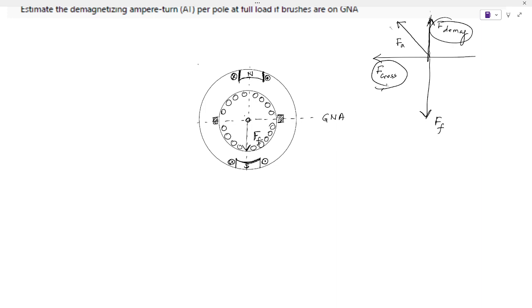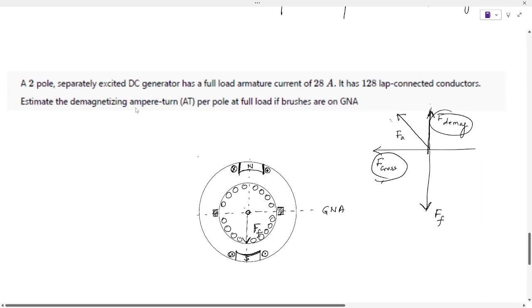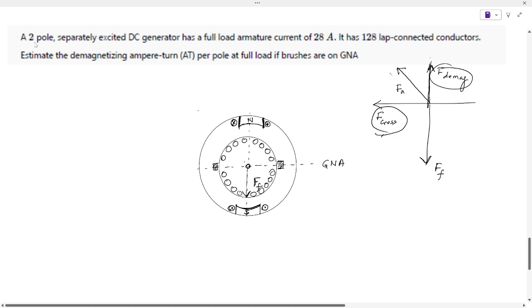Okay, now let us see what they have told. A two-pole separately excited DC generator has a full load armature current. It has 128 lap connected conductors. Estimate the demagnetizing ampere turns per pole if the brushes are on GNA.